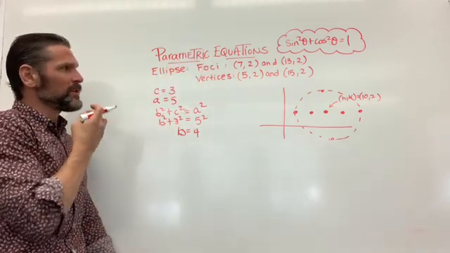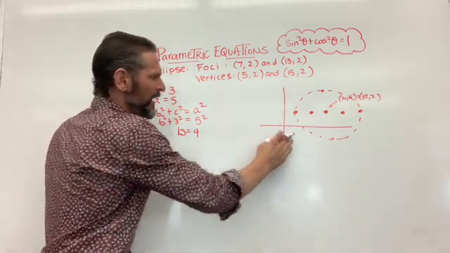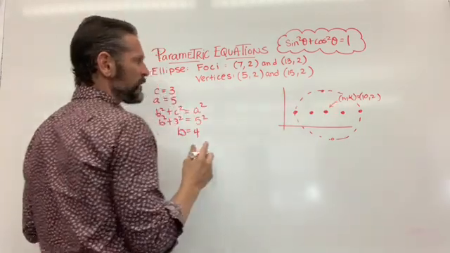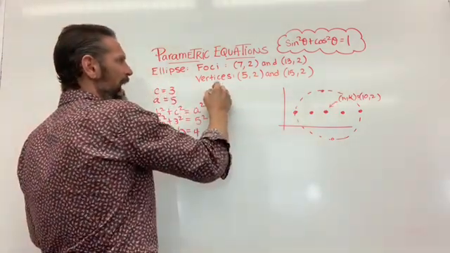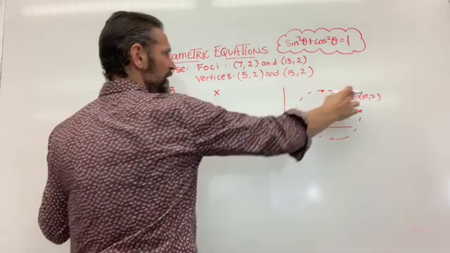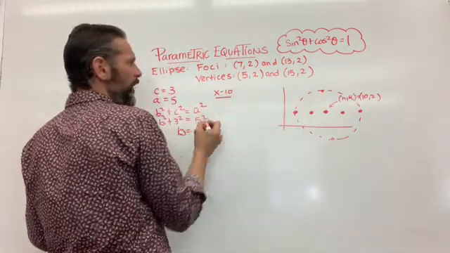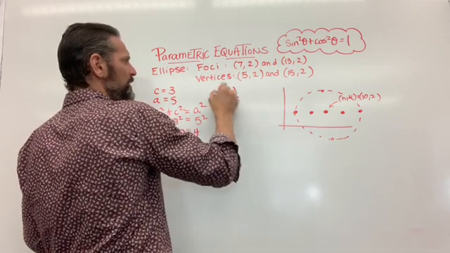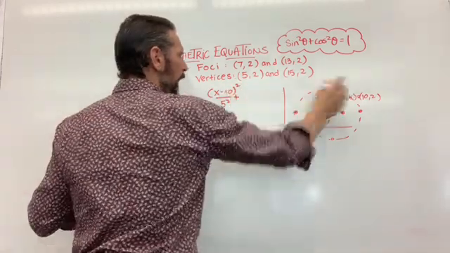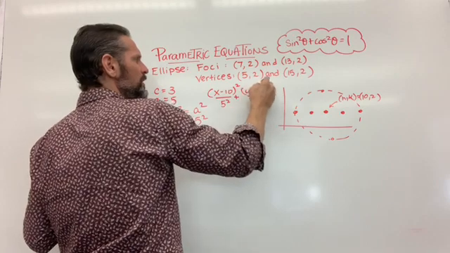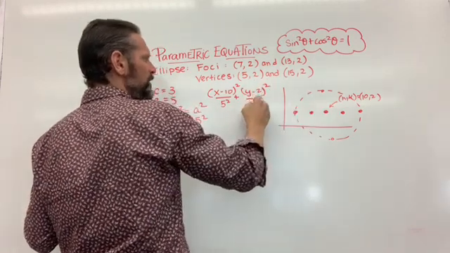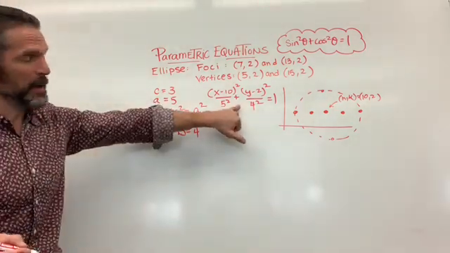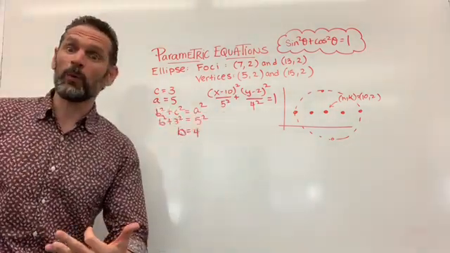So I have an idea that in rectangular form, because this is horizontal orientation, I'm going to have (x minus h) squared, that's x minus 10, over a squared, which is 5 squared, plus (y minus 2) squared over, my b was 4, 4 squared, equals 1. That's my rectangular equation. Now they're asking me to work backwards.